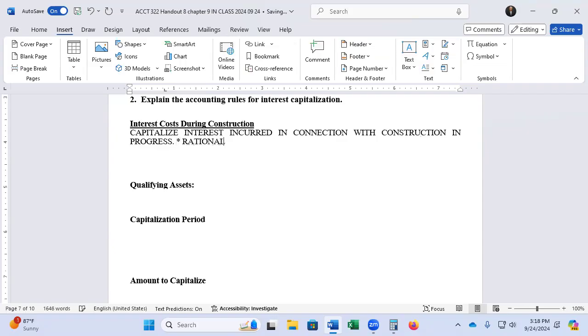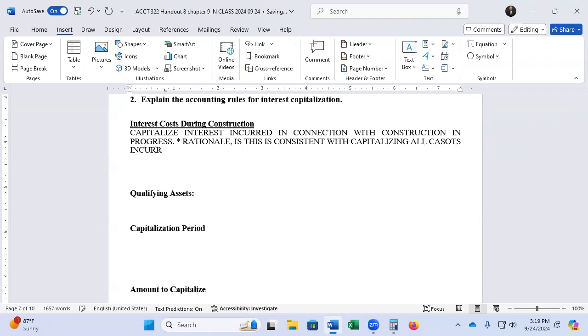And the rationale is this is consistent with capitalizing all costs incurred to bring the asset to being ready to use. It's terrible English.